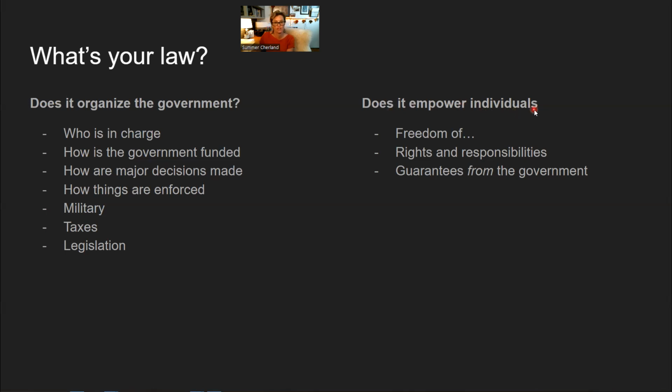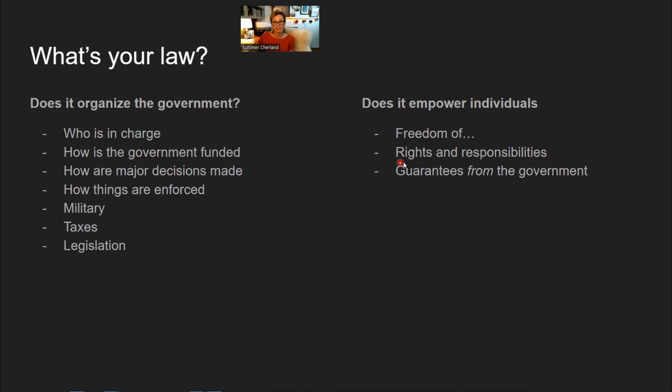This side empowers individuals. So if your brand new law has anything to do with the freedom of, right? So maybe you wrote freedom of speech, freedom of religion, the right to bear arms, freedom of assembly, right? Any of those kinds of things that is an individual's freedom, that is a law that wouldn't have been written during the Articles of Confederation days. They weren't really concerned about individuals. They were concerned about the structure of this government.